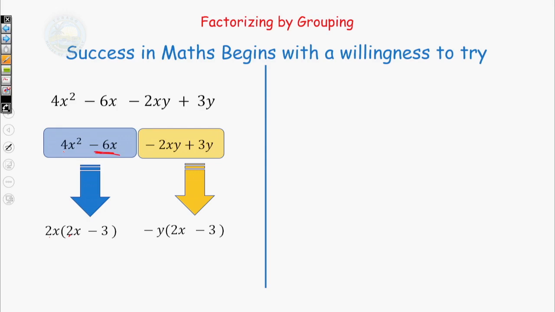Taking out minus y here, minus y multiplied by what is going to give us minus 2xy? It's positive 2x. And negative y multiplied by what is going to give us positive 3y? It is negative 3. Again, there's something right here that you must pay keen attention to. The objective here is to ensure that whatever we have in this bracket, we have the same thing in these brackets here as well.